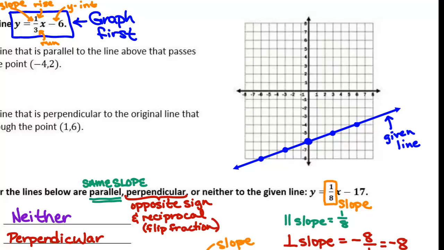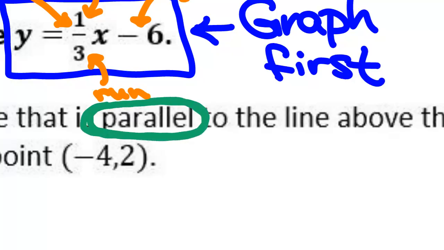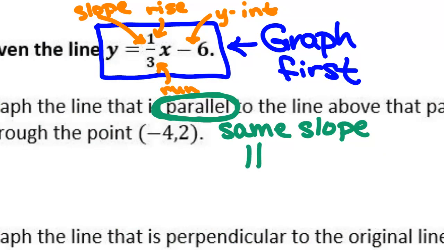Part A, I want a line that is parallel. What do we know about parallel? Same slope. So what will the slope be here then? 1/3, yes. Parallel slope will be 1/3.